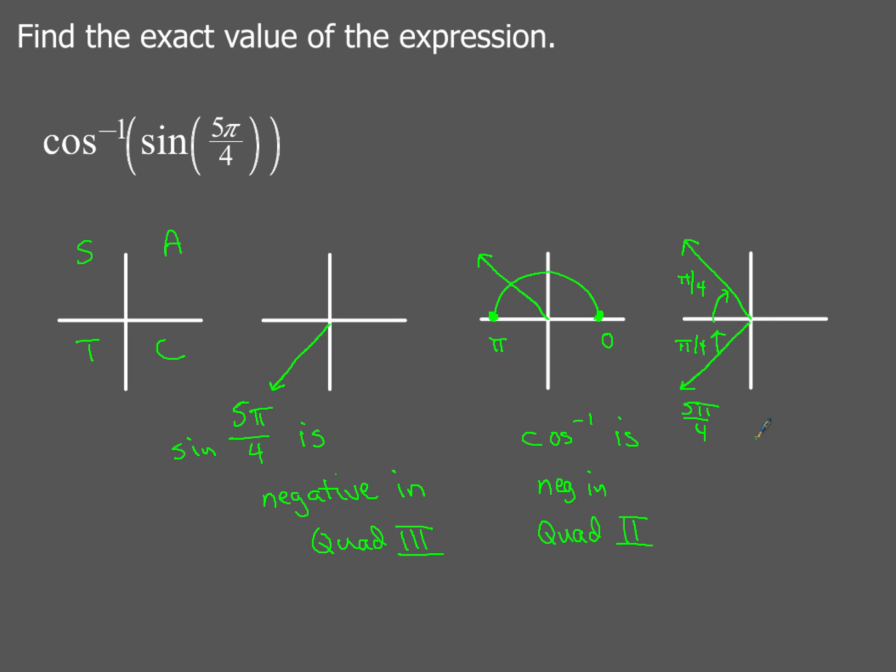So really what we're going to do is take 5 pi over 4 and subtract, because we had to move in that direction. We're going to subtract 2 pi over 4, which I know could be reduced, but we're just going to keep that so it's a nice common denominator. So 5 pi over 4 minus 2 pi over 4 is just going to give us 3 pi over 4. So the arc cosine of sine of 5 pi over 4 is just going to be 3 pi over 4, that angle.